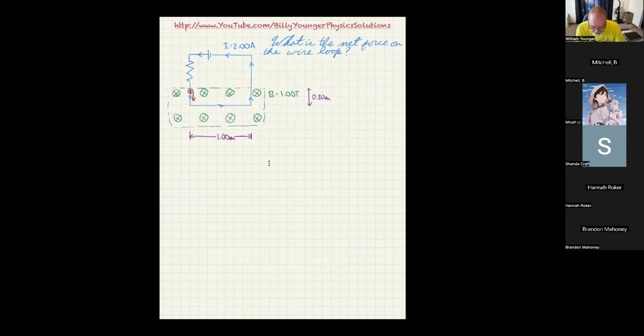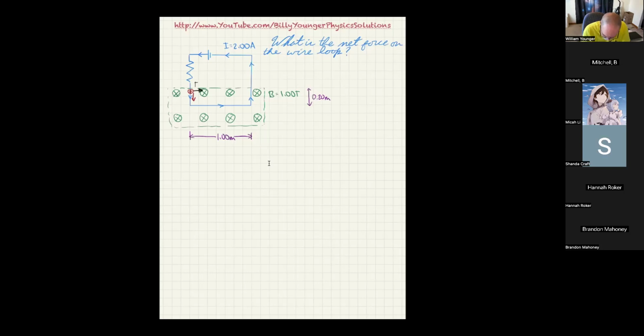So can someone tell me which direction the force would point as a result of that one? Answers could be right, left, up, down, out of the page, or in the page. So that little piece of wire on the left-hand side there, which direction is the force acting on that one? It's to the right. That's what I got as well.